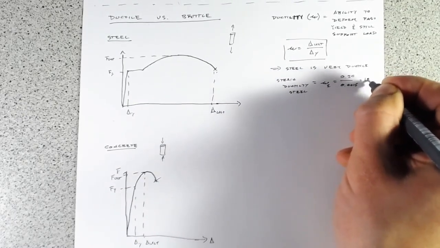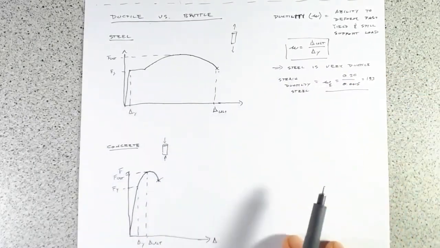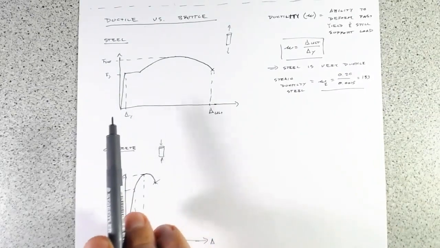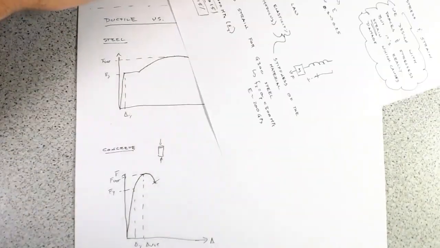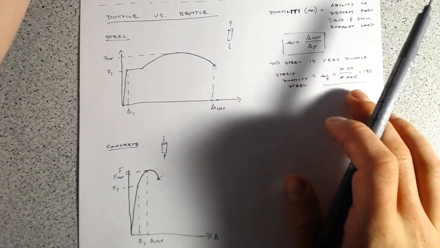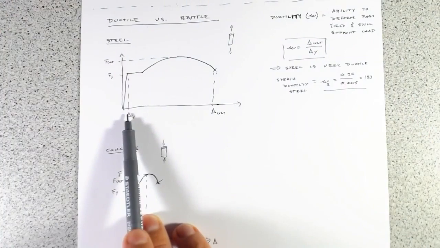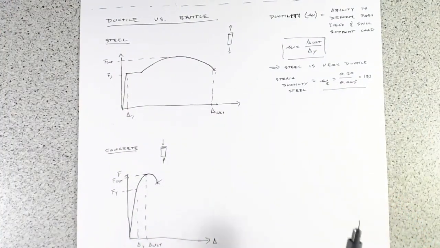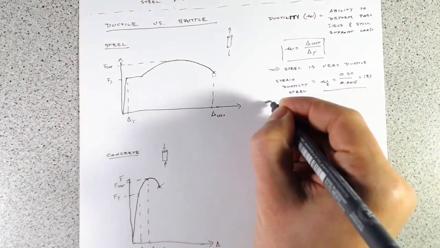That equals 133. That's a massive number. That means that after we've yielded our piece of steel, we can continue to extend it 133 times what that deformation at yield was. It's massive.